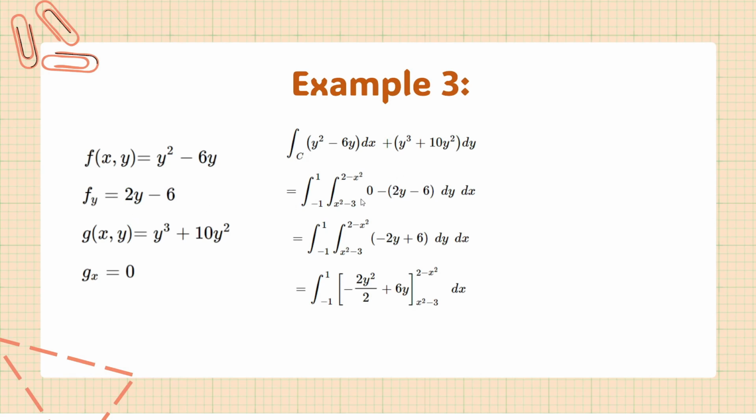This is from the equation del g del x minus del f del y. Then we get negative 2y plus 6, and we integrate it by y. We will get 35 minus 14 x squared, and we integrate it by x. We will get the answer 182/3. So this is the answer for example 3.